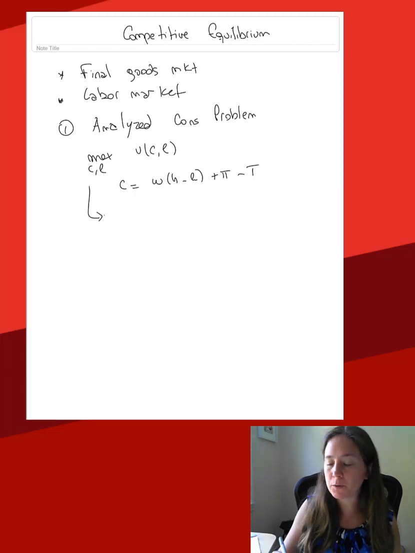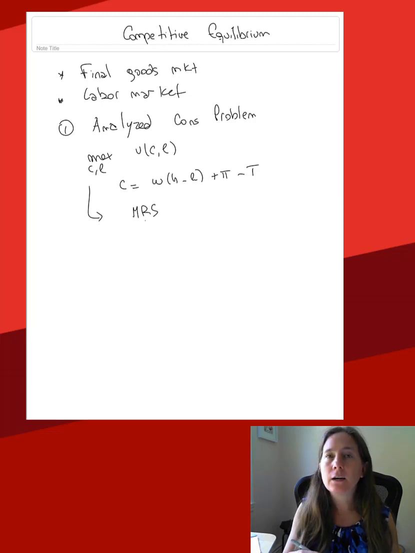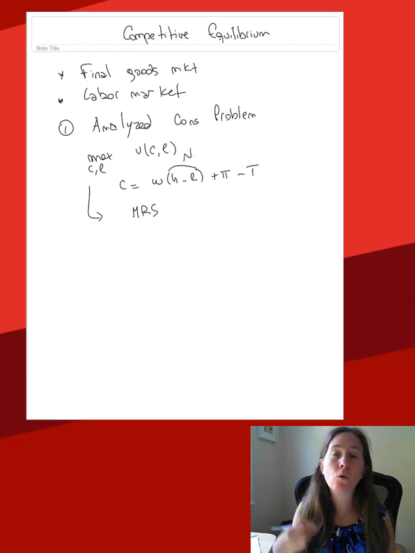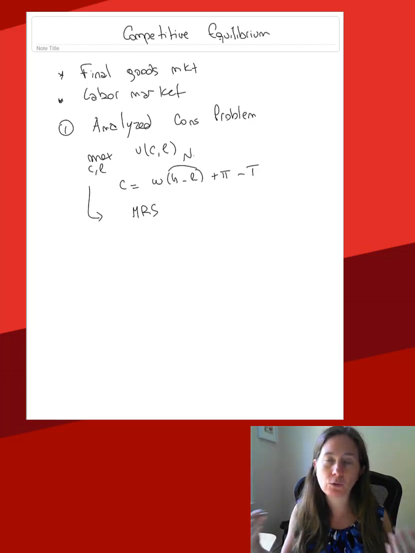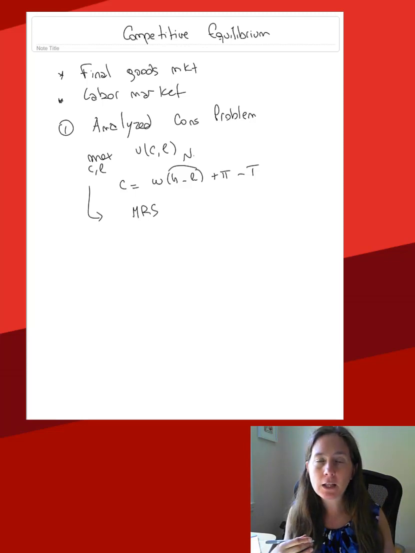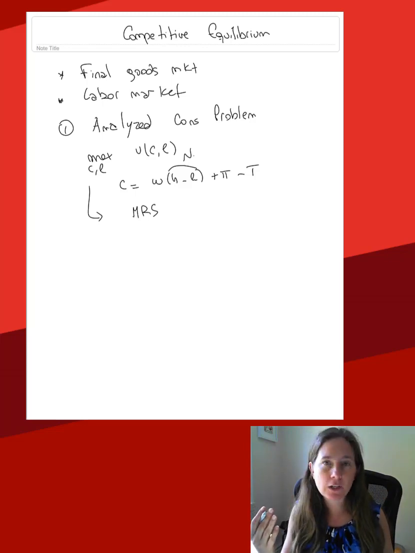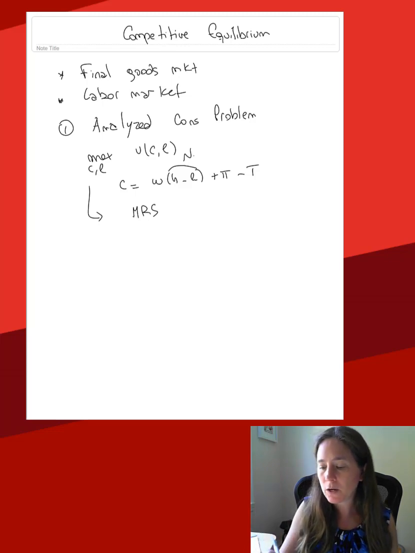What we found in previous modules is that the individual is going to equate the costs and benefits of exerting one more hour of work. Remember, the number of hours that the agent is going to provide to the market is the difference between the total endowment of hours, which we denoted by H, and the amount of leisure that the individual chooses. So here, N, the labor supply, is determined as a residual.